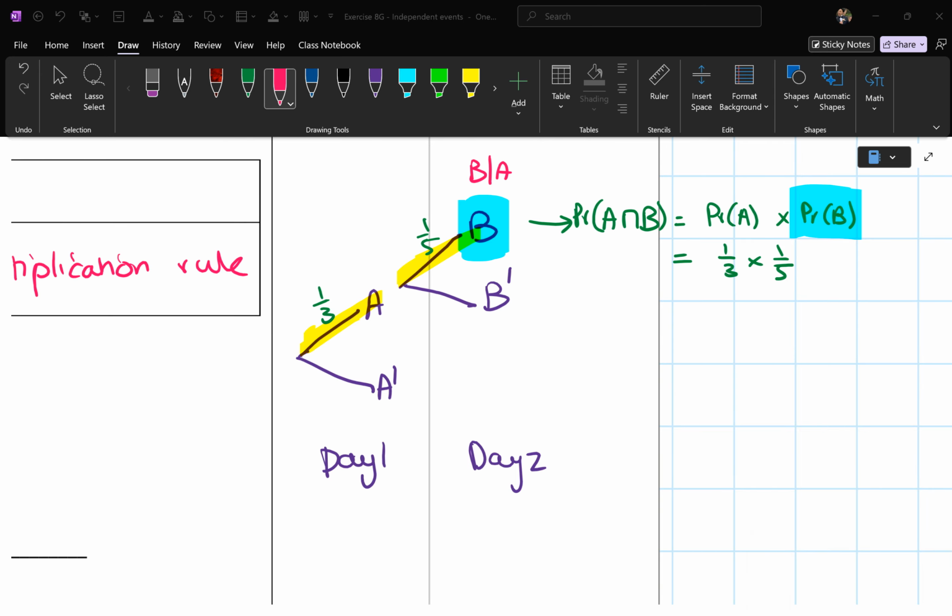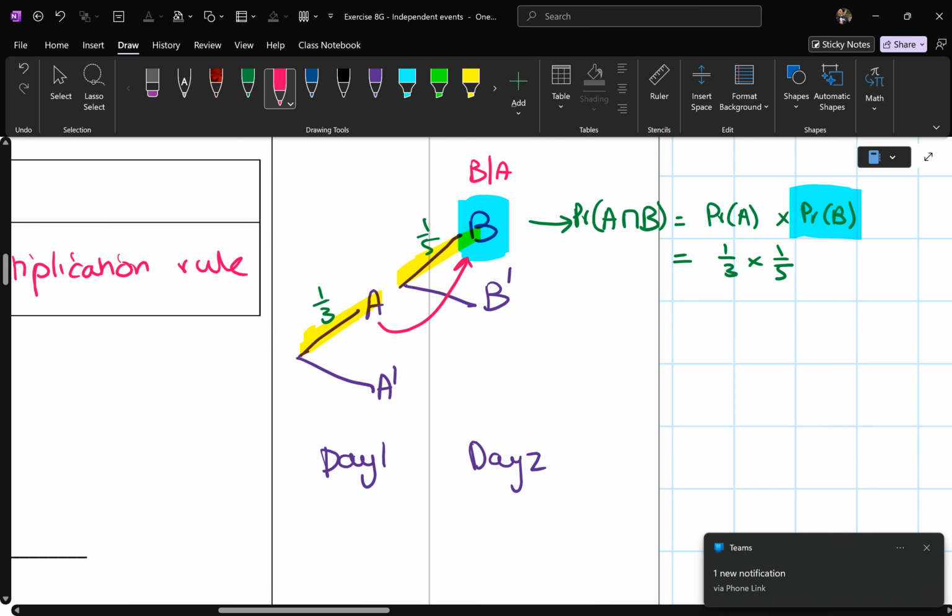What we don't know is whether A has an effect on the chances of B. So we make that assumption.